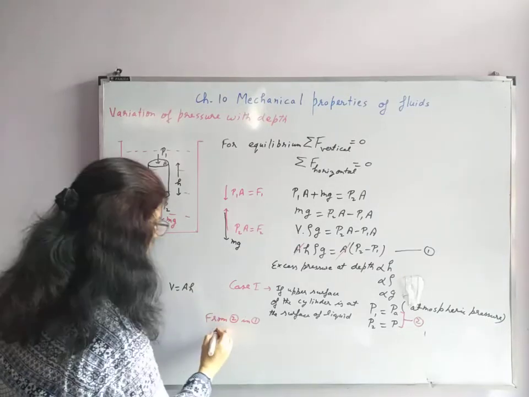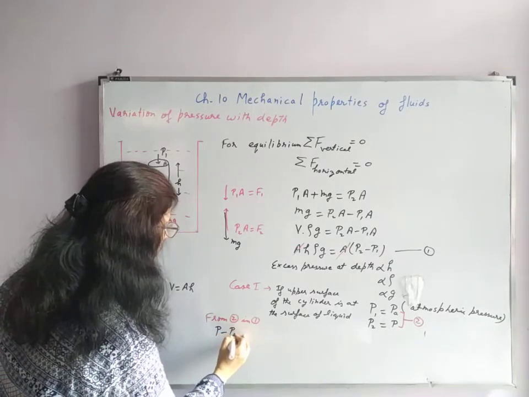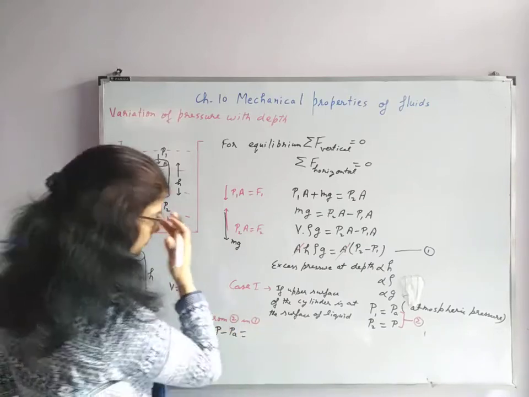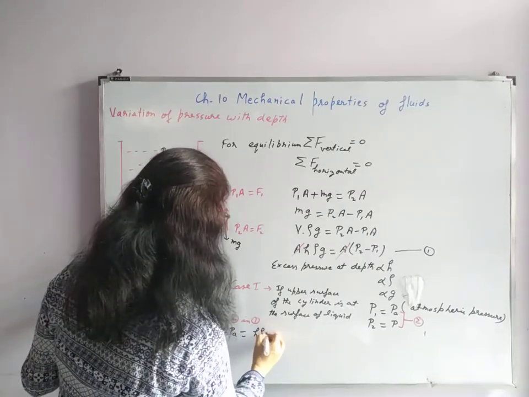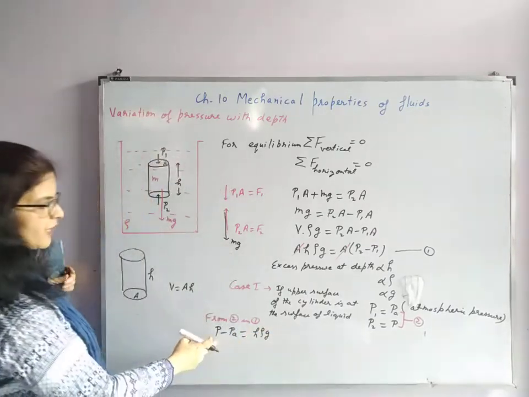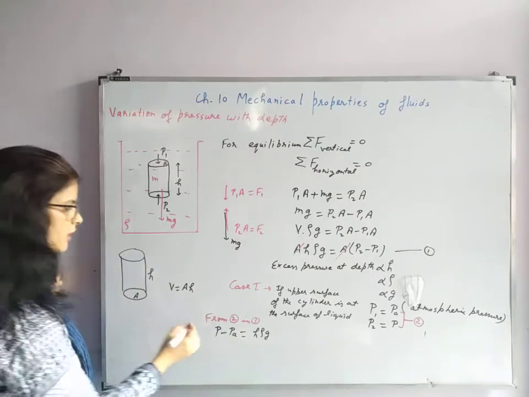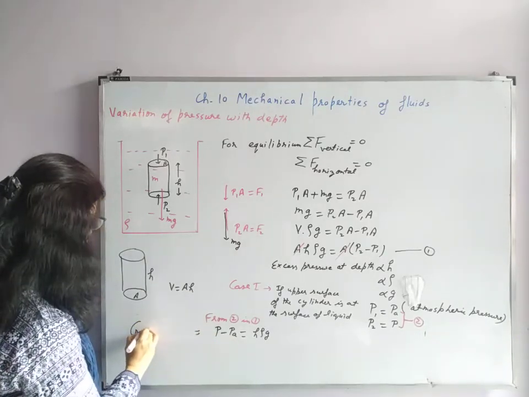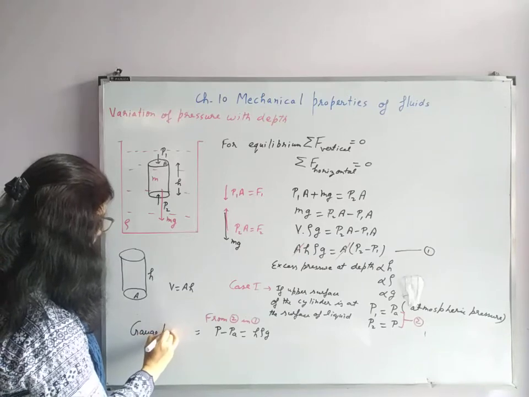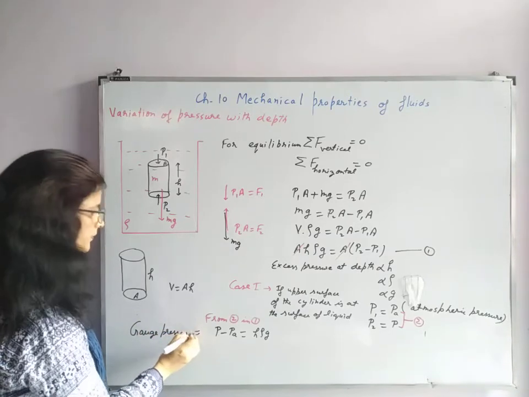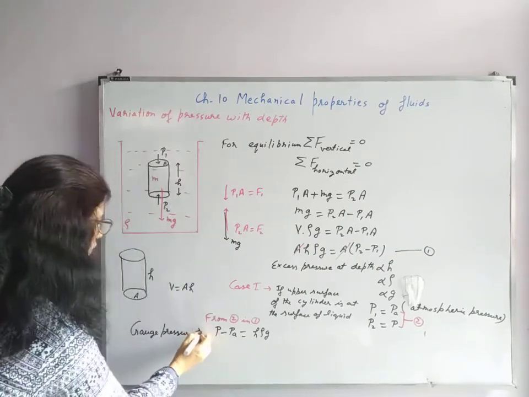P2 will be P minus Pa is equal to H rho g. This difference of pressure and atmospheric pressure is called gauge pressure, right? So what is gauge pressure?